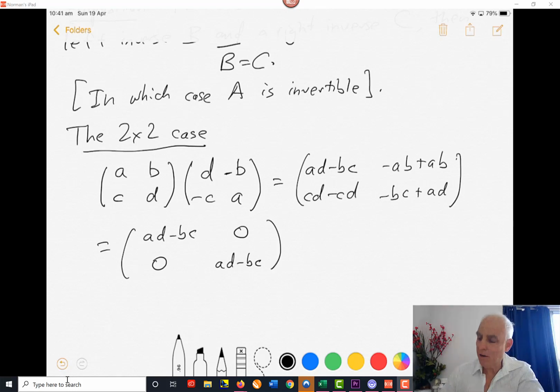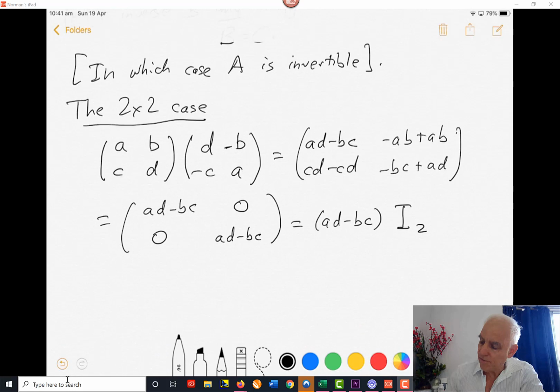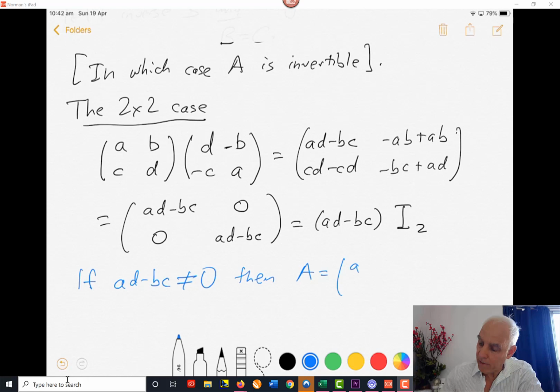So this is a diagonal matrix. In fact, it's AD minus BC times the 2 by 2 identity matrix. So this is the equation that sort of shows you when a matrix is invertible. So we can deduce from this that if AD minus BC does not equal 0, then the matrix A, let's call it A, B, C, D, is invertible.